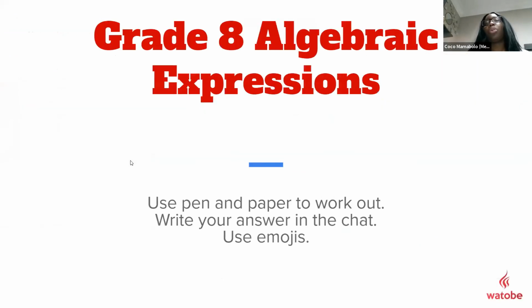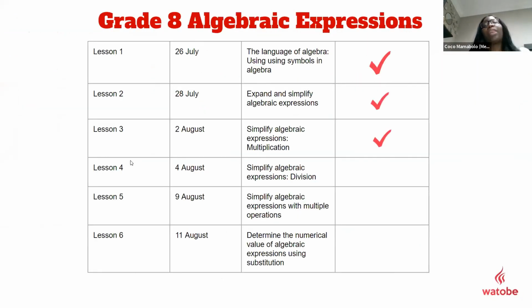This is our course topic, and the topic that we covered today is lesson 3, and we were doing simplifying algebraic expressions, and we were looking specifically at multiplication. And on Wednesday, same time, same place, we're going to be looking at simplifying algebraic expressions, but we'll be looking at division.